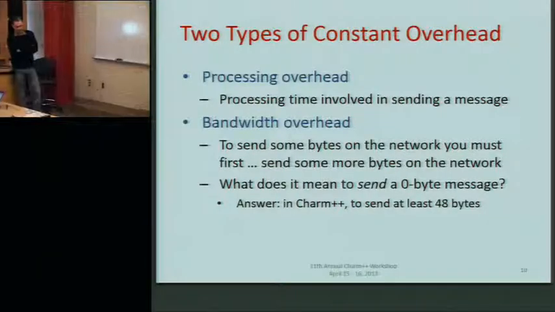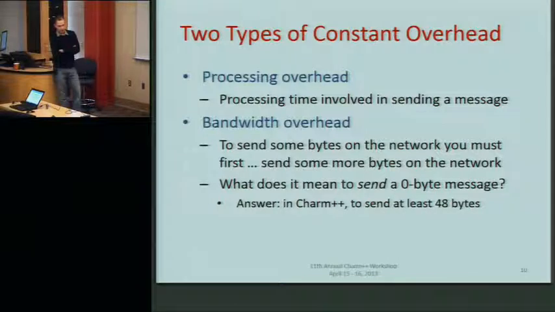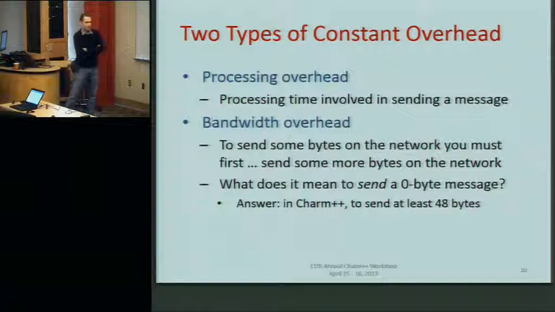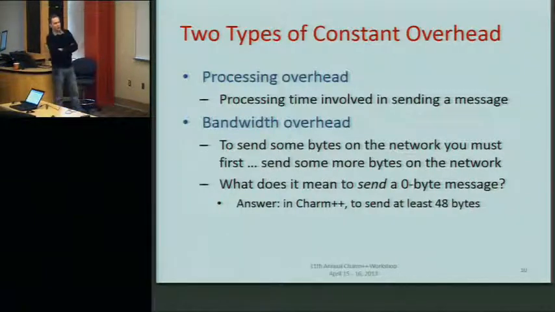Back when I first started in Professor Kale's group, I was confused about people talking about sending 0-byte messages. It just seemed very mysterious. I assumed that what they were in fact doing is sending a very small message, perhaps 1 byte or 4 bytes, because really, how can you send something that has size 0? Well, it turns out that I was right, because in fact, what you're doing is sending at least 48 bytes in the case of Charm++.